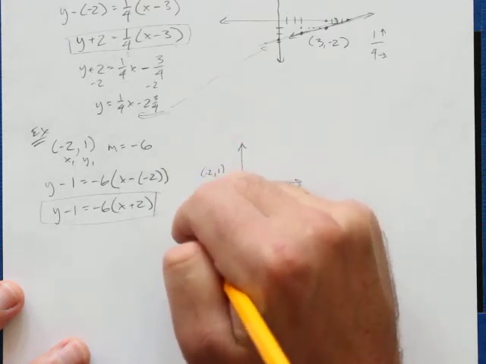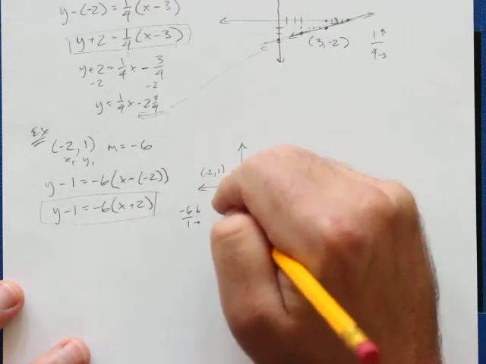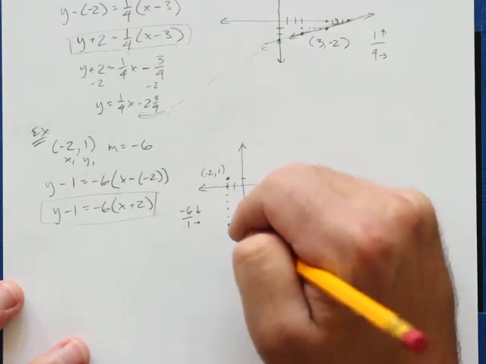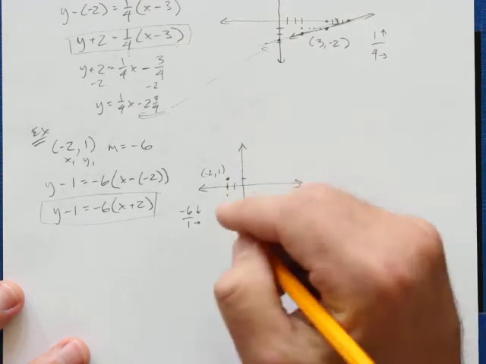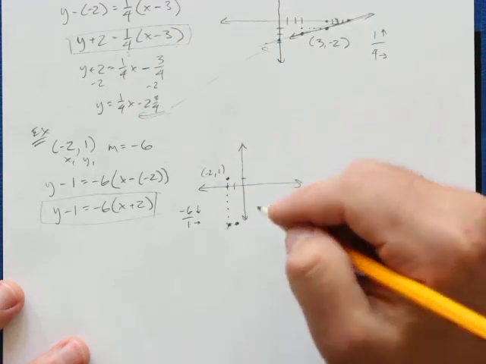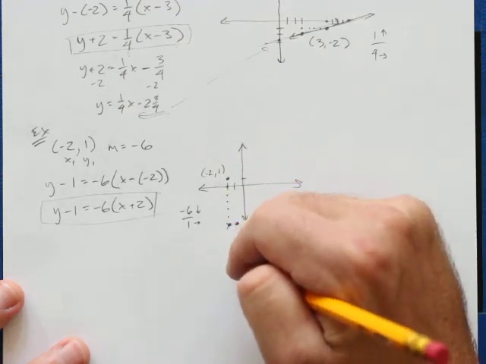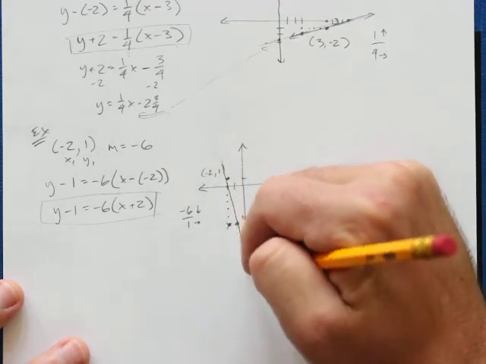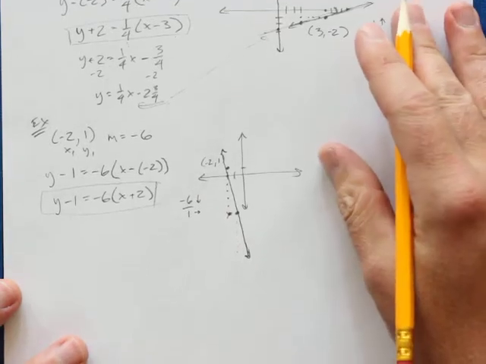So down 6 to the right 1. So down 1, 2, 3, 4, 5, 6 to the right 1. Oops, that's not a point right there. And then down 6 again to the right 1. There's my line. There it is.